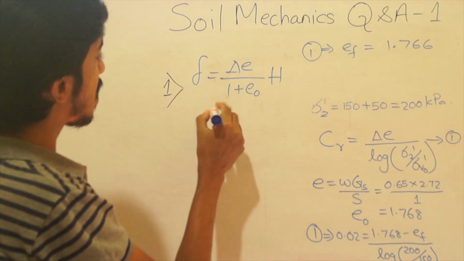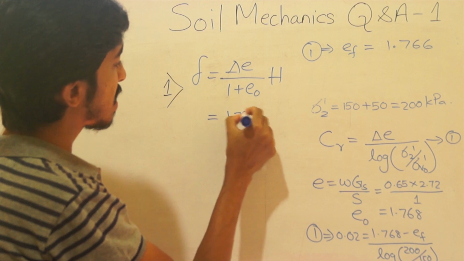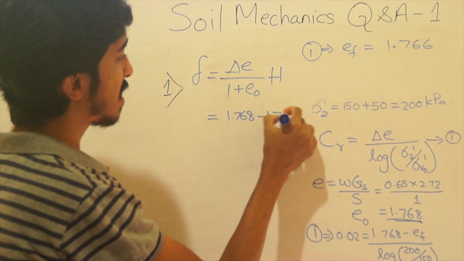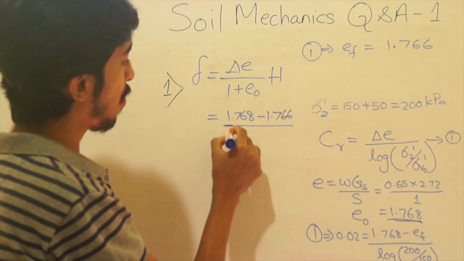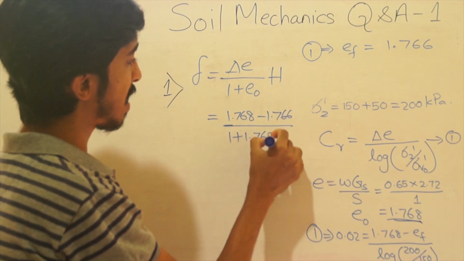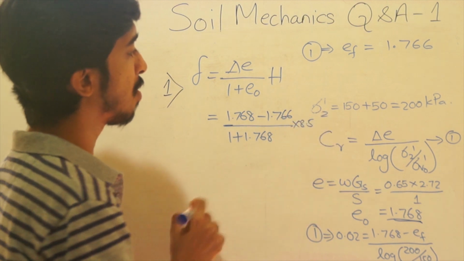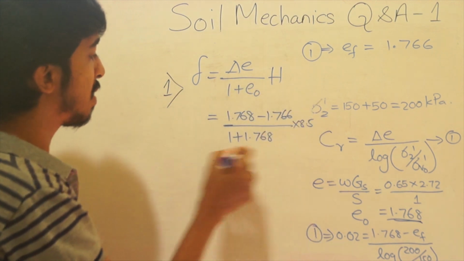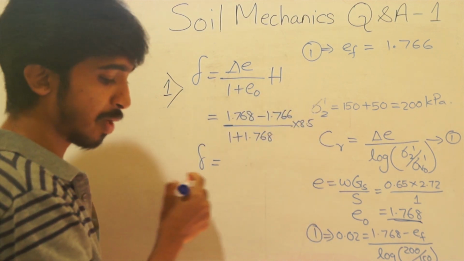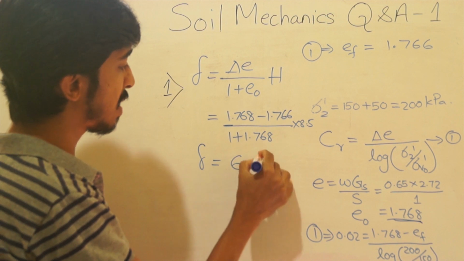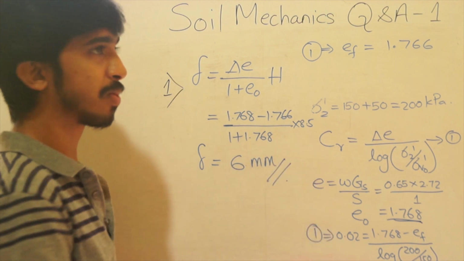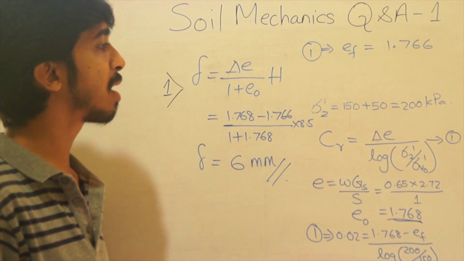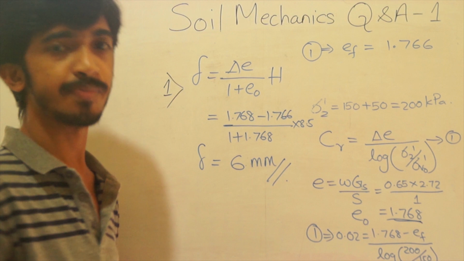So here we can write 1.768, the initial void ratio, minus 1.766, the final void ratio, over 1 plus 1.768, into 8.5. This should give you the settlement in meters. If you multiply this by 1000 and change it to millimeters, it is around 6 mm. So this is the settlement of the clay layer due to the load increment of 50 kilopascal.